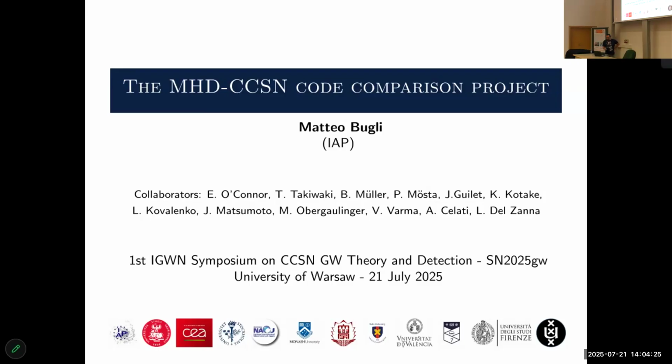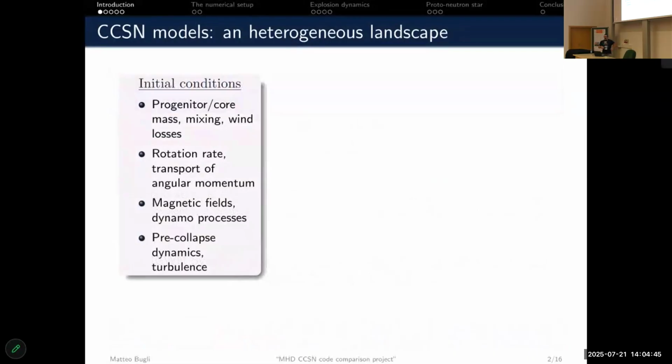So here you can see all the contributors to the project, and essentially, I will report some of the results we have obtained and some of the prospects in terms of upcoming results from new data that we are continuously acquiring. So I will not go too much into the details, of course, of the modeling.